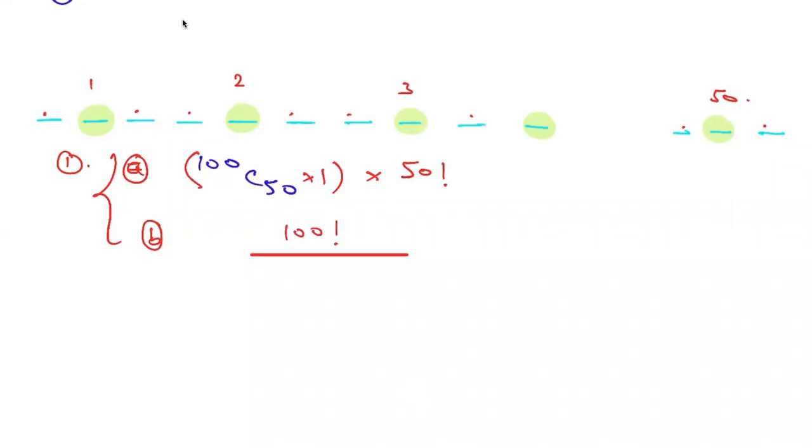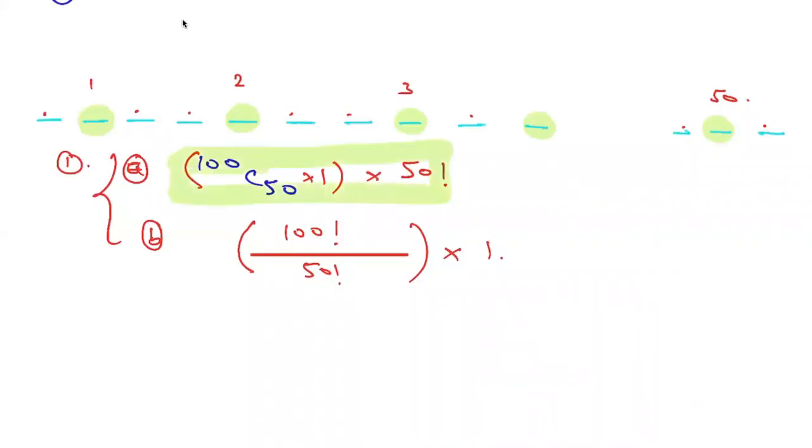So the arrangement of white balls we have to diminish. The white balls arrange in factorial 50 ways. If I divide by factorial 50 and arrange those white balls in one way, we get the same answer. This is for white balls in increasing order.